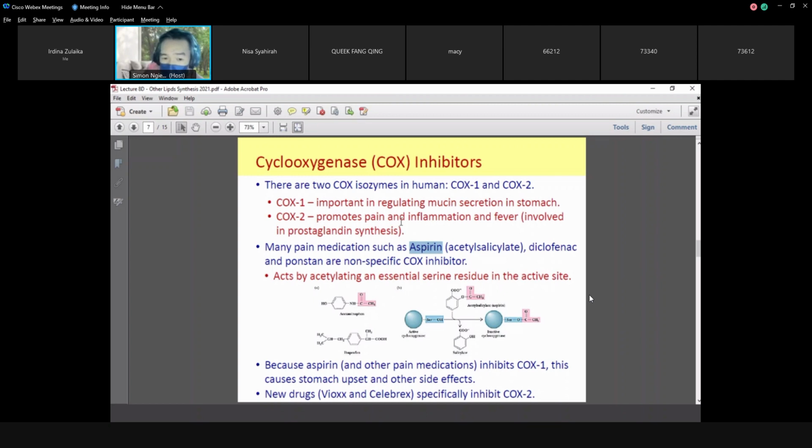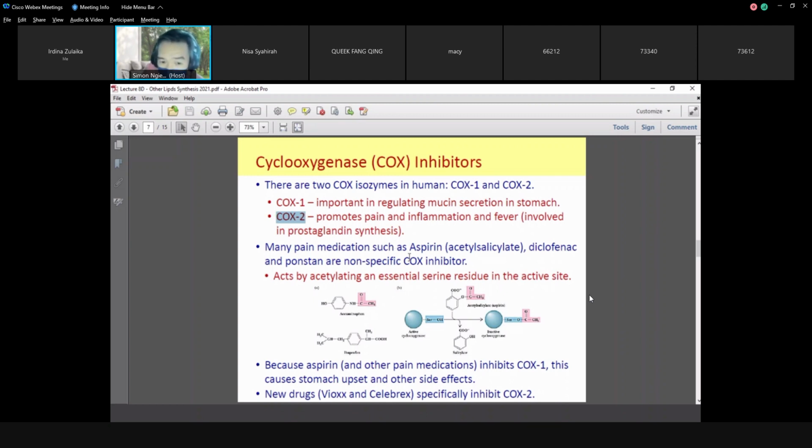Sometimes for some people, when they take aspirin, they will have some discomfort. The purpose of this painkiller is that the feelings of being inflamed, the pain, the fever, these are symptoms triggered from the inflammation reaction that is activated by this COX. This is kind of the main culprit.